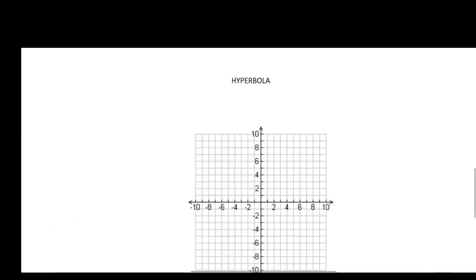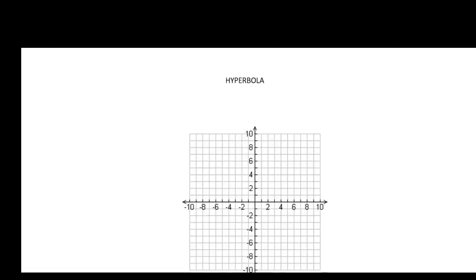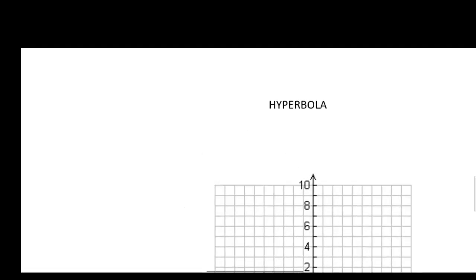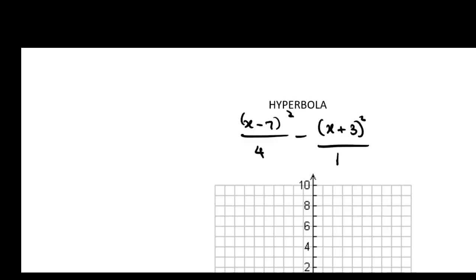And lastly we have a hyperbola. This one is the one with the most components, so it can be a little difficult but not impossible. So let's make an equation: (x - 7)² over 4 minus (y + 3)² over 9 equals 1.